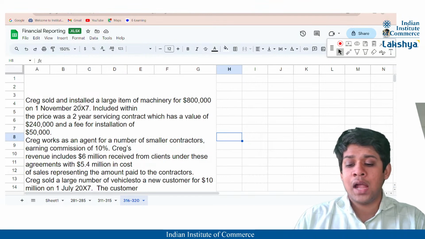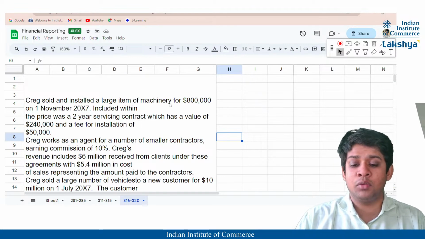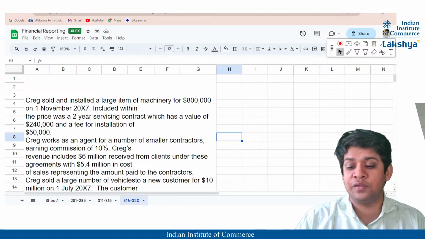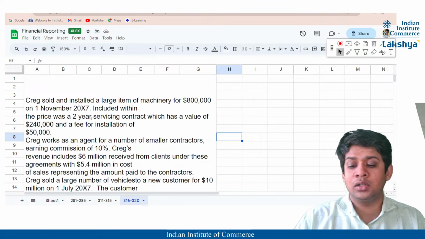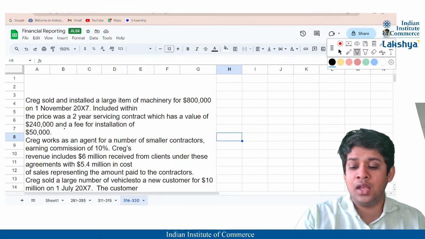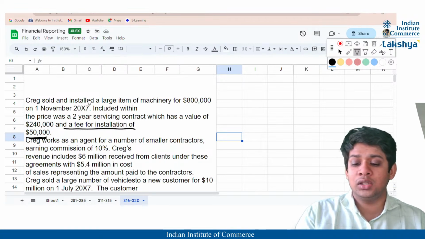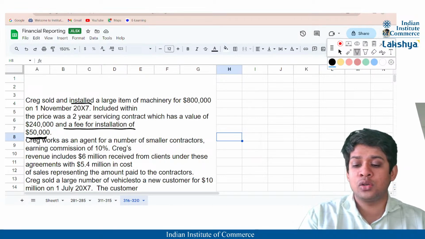Craig sold and installed a large item of machinery for $8 lakh on 1st November 2017. Included within the price was a 2-year servicing contract which has a value of $2,40,000 and a fee for installation of $50,000. That means with the sale of machinery, they also installed it.